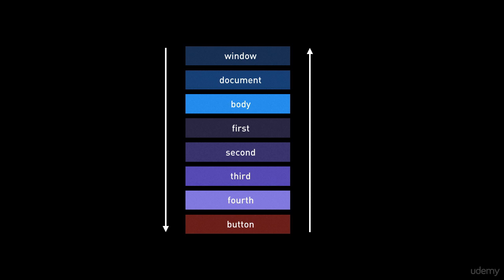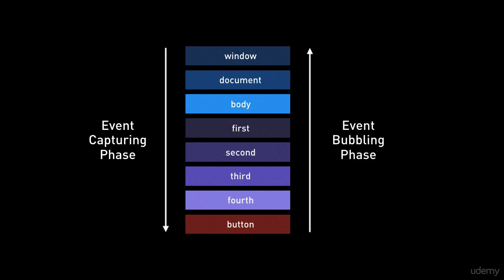The part that goes from the root to the target is called the event capturing phase, or sometimes phase 1. The part that goes from the target to the root is called the event bubbling phase, or phase 2. So all the elements on the event's path will get notified twice when an event is fired.